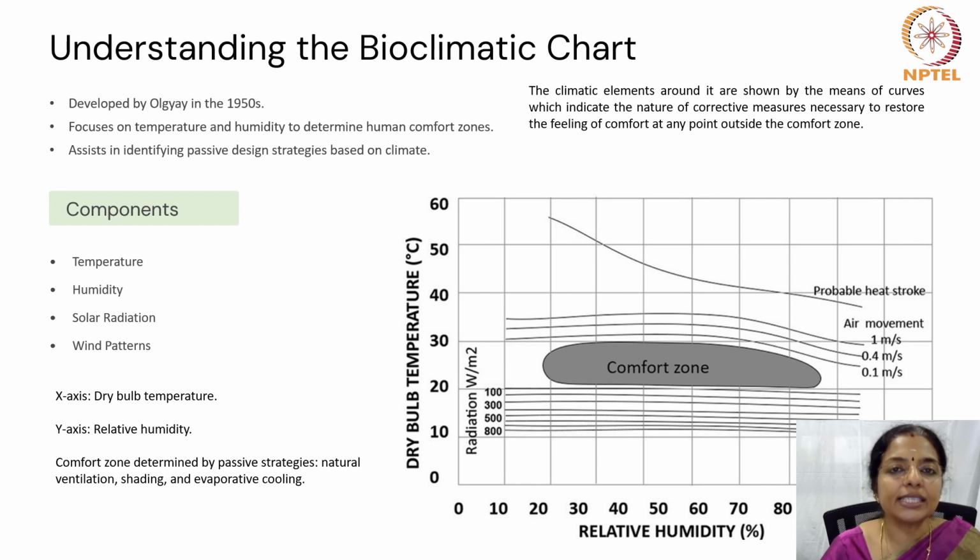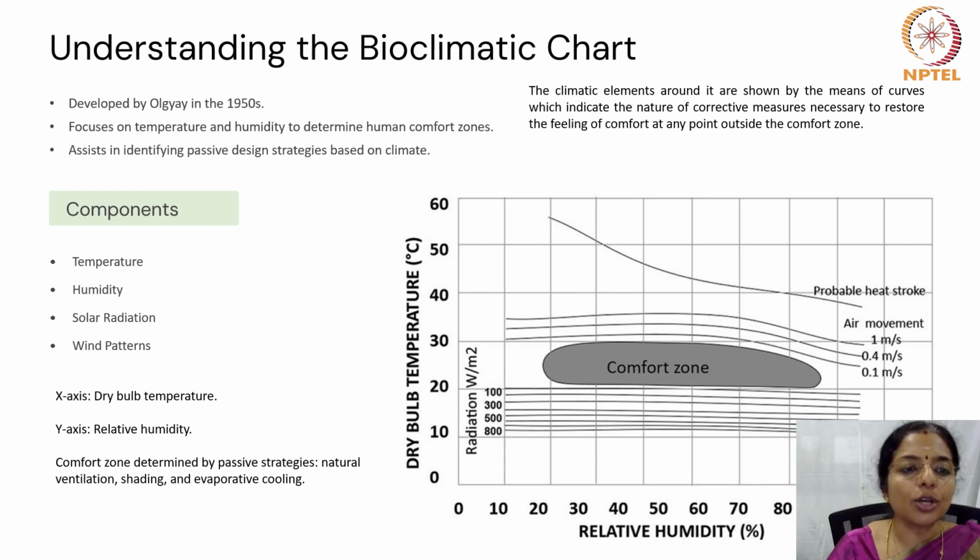It assists in identifying passive design strategies based on climate. The climatic elements around it are shown by means of curves which indicate the nature of corrective measures necessary to restore the feeling of comfort at any point outside the comfort zone.